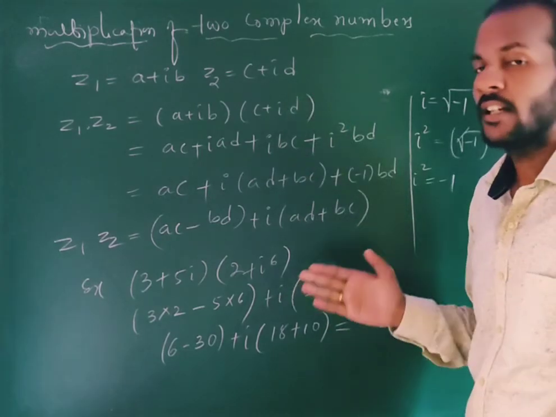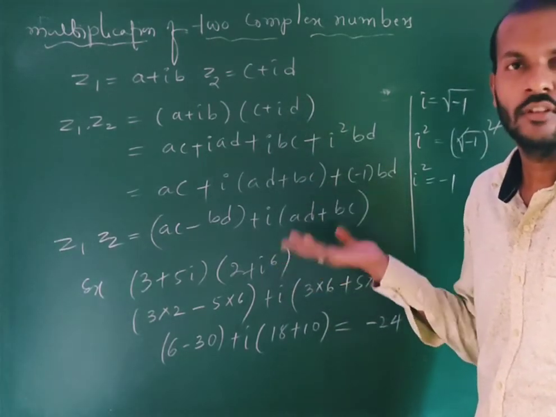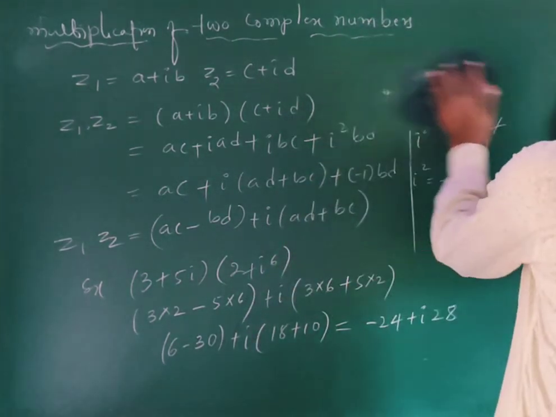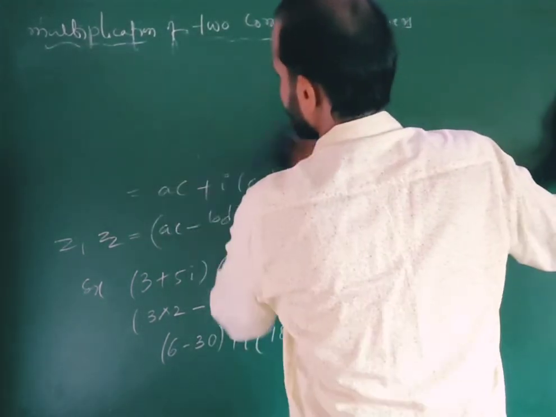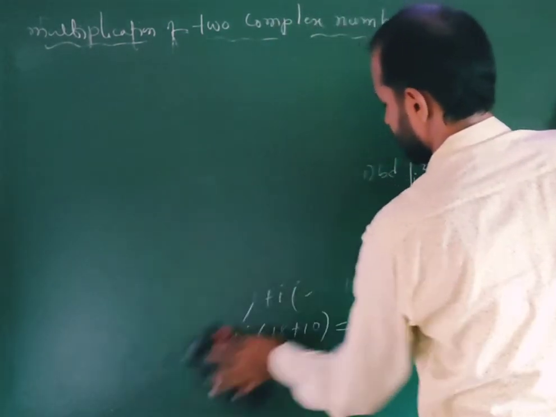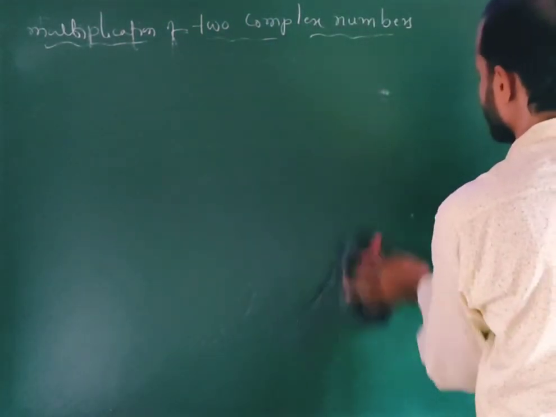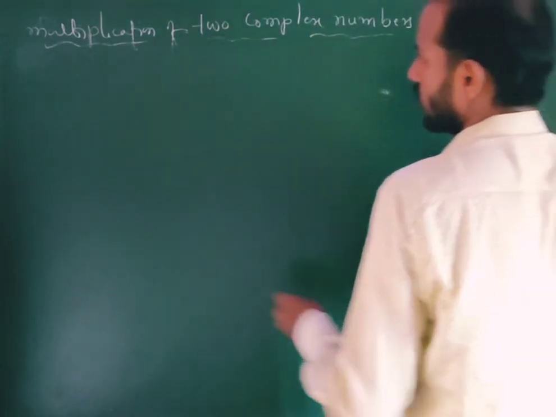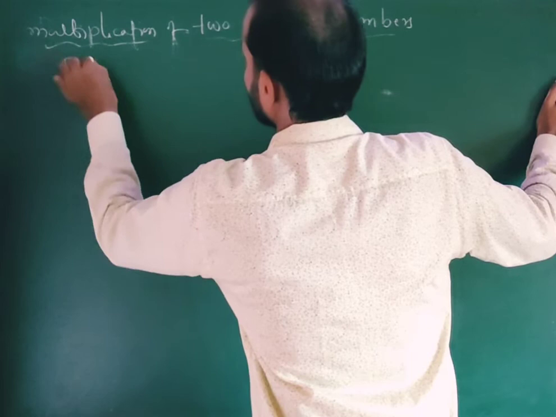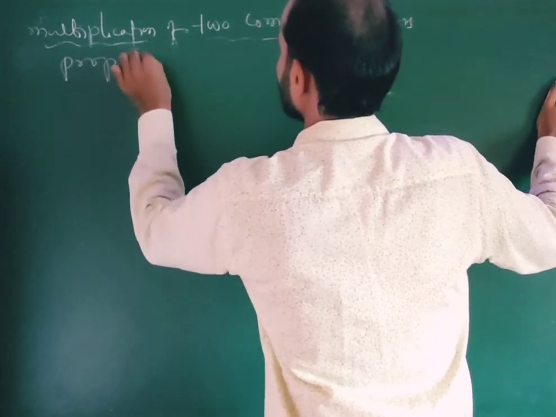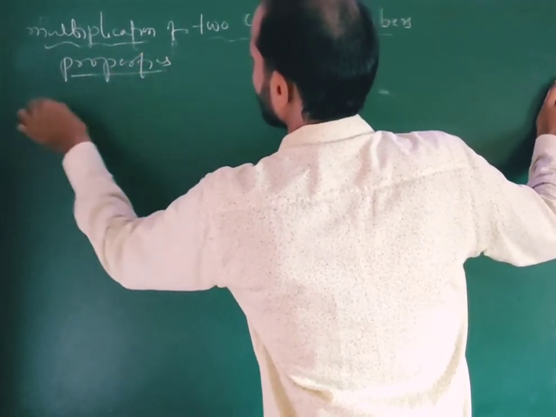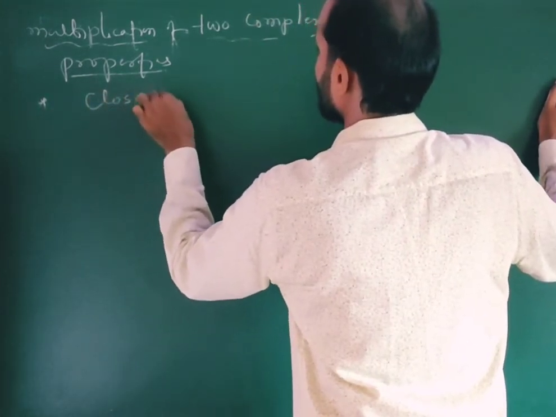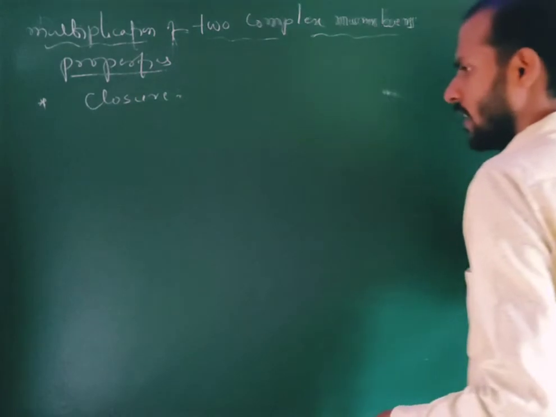Next we will see the properties based on multiplication of two complex numbers. The first property is the closure property.